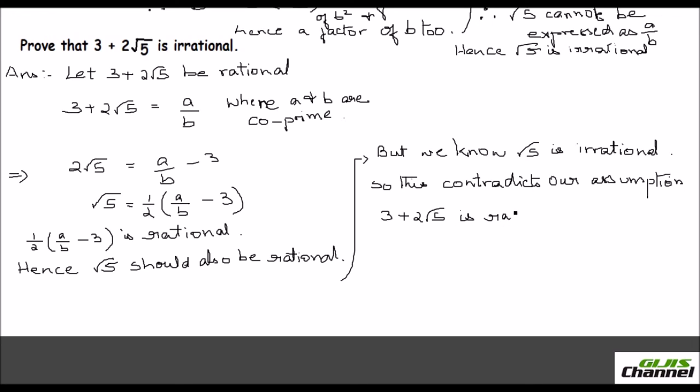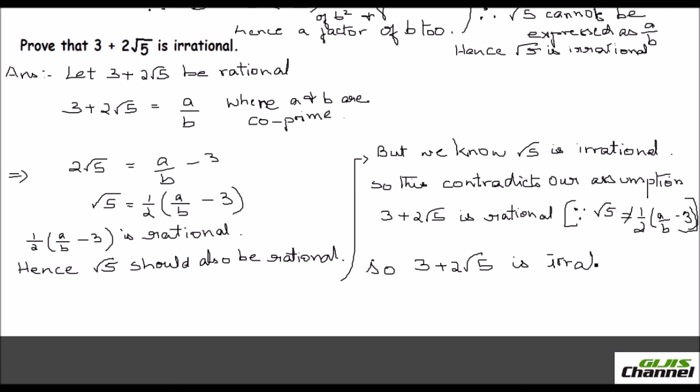Our assumption is wrong because root 5 is irrational, so 1 by 2 times a over b minus 3 cannot be rational. This is not possible. So 3 plus 2 root 5 is irrational. Understood? We have proved it.